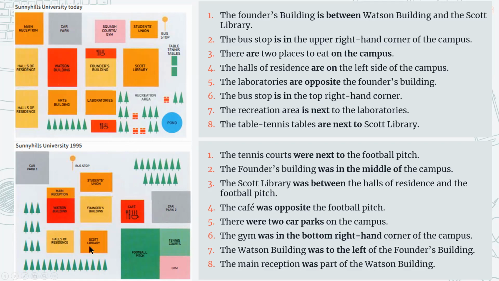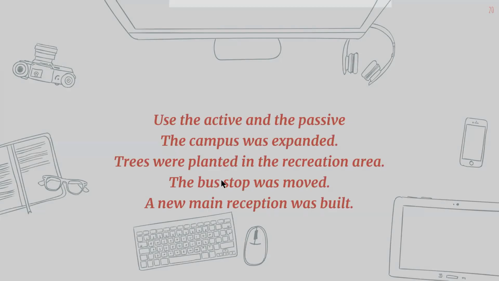So as you can see, there are many changes between Sunny Hills University in 1995 and the university today. Let's see how we can write these changes in the report. But you need to understand that for writing about changes in a map, you need to use the active and the passive voices.